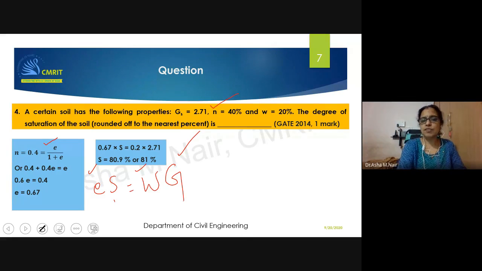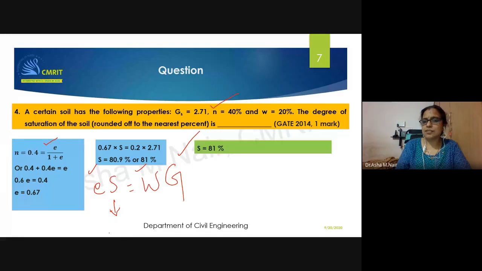So you can easily find out the unknown S. You get the value for S as 80.9 or 81%. They have asked in the question also to round off to the nearest percentage. So the answer is going to be 81 percent.